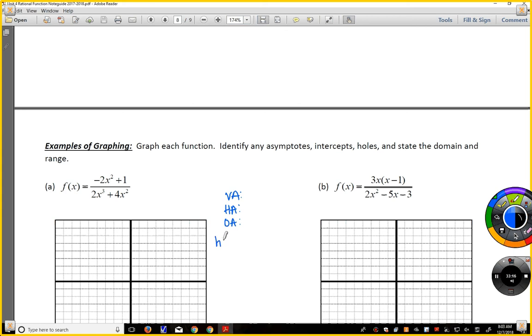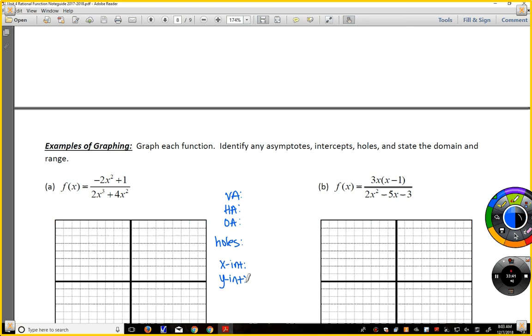We also know that we want to factor first and look to see if there's any holes. And then we want to be able to find x-intercepts and y-intercepts to give us a couple of points that we can quickly figure out if they exist on this graph. So in this function, the numerator has been factored for you. That can be a blessing or a curse.